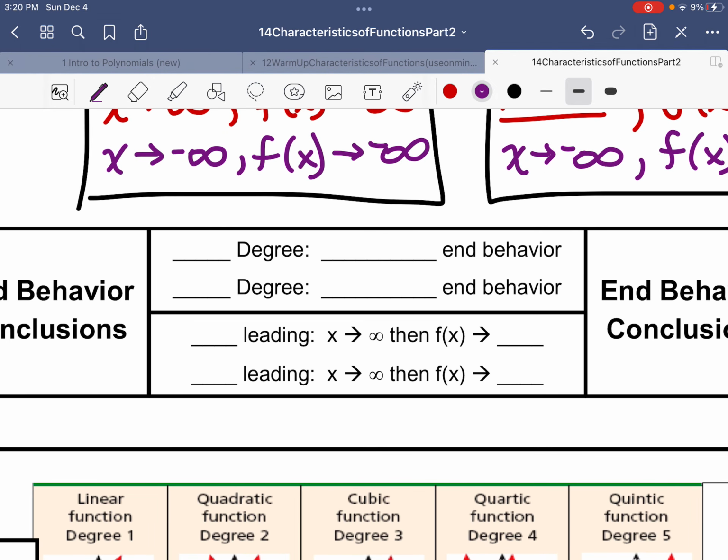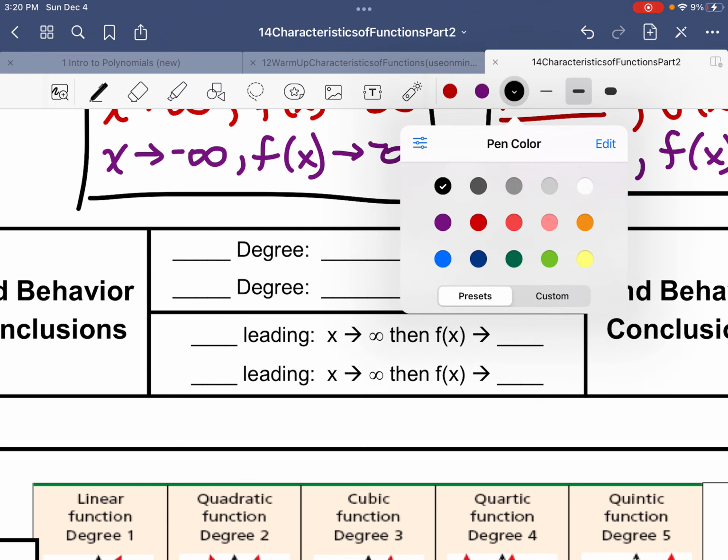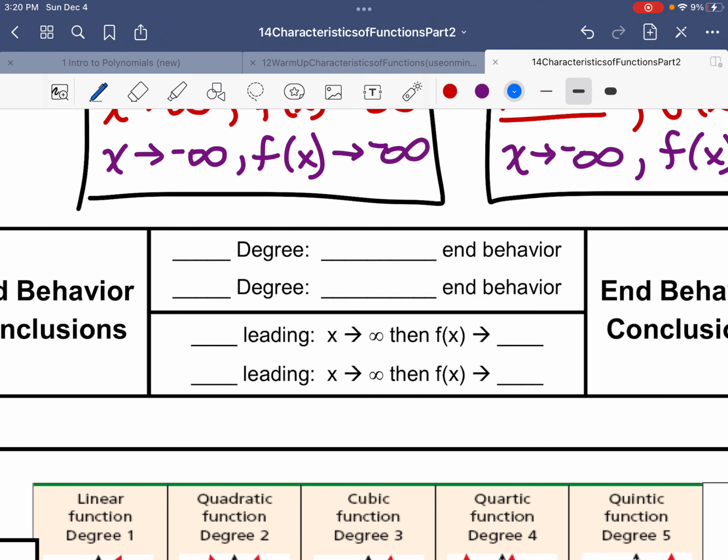Now it might make sense to fill in this little end behavior conclusion box. In our conclusion box, we're going to be able to say that if the degree is even, then we're going to end up with the same end behavior. If the degree is odd, remember, odd for opposite end behavior.